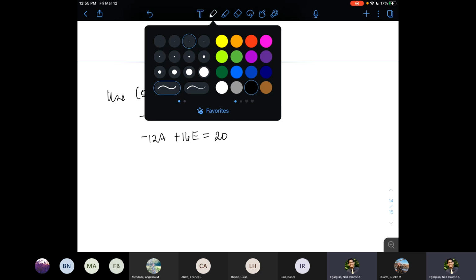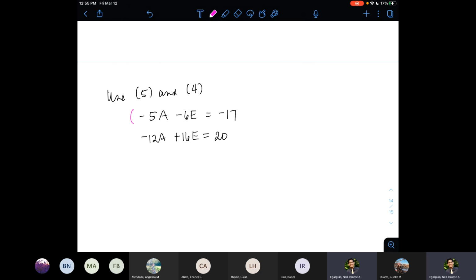So now I can use equations 5 and 4. Okay, let me do this on the next page. So equation 5 is this. Equation 4 is this. Now, what I can do here is to multiply the top. I want to eliminate e. So if I want to eliminate e, I'll multiply the top by 8 and multiply the bottom by 3, so that the coefficients of e will be -48 and +48 respectively.